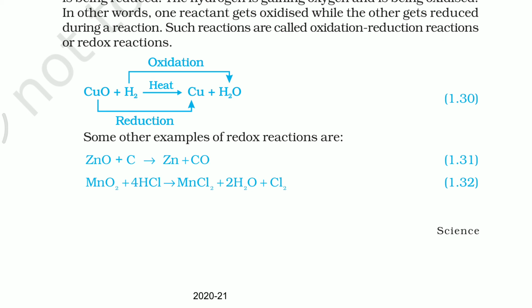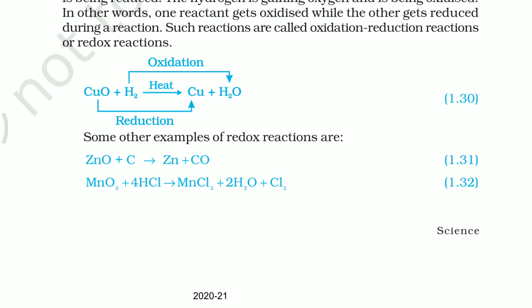ZnO to Zn: Zn is in elemental form, so its oxidation state is 0. So +2 to 0, the oxidation number decreased, so it is a reduction.